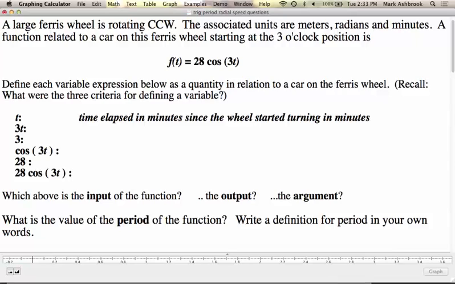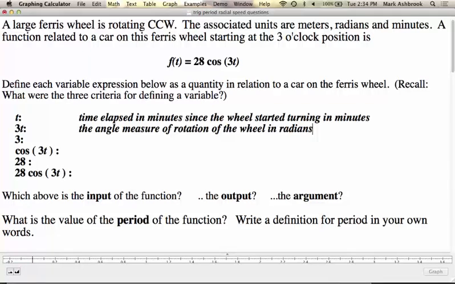What is 3t? Did you get what 3t was? So meters, radians, and minutes, right?